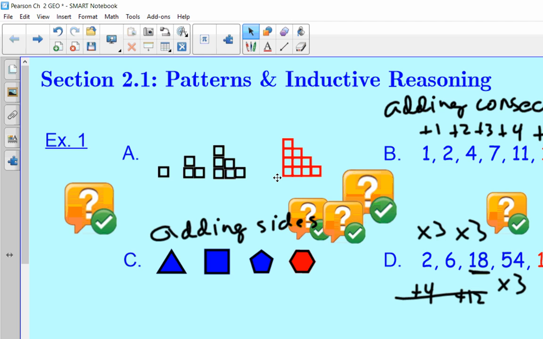So a counterexample is an example that shows a conjecture is false. Sorry about my writing. Okay, so like I said, we're going to use this a lot going forward, so it's important we have that.